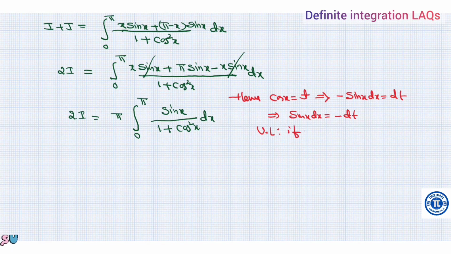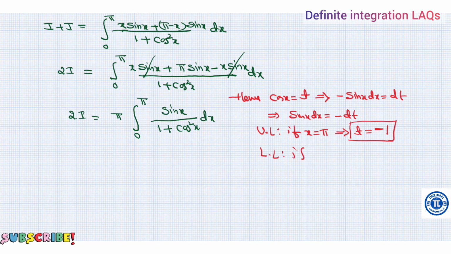If x equals pi, then t equals cos pi, whose value is minus 1, the upper limit. If x equals 0, then t equals cos 0, which is 1, the lower limit.